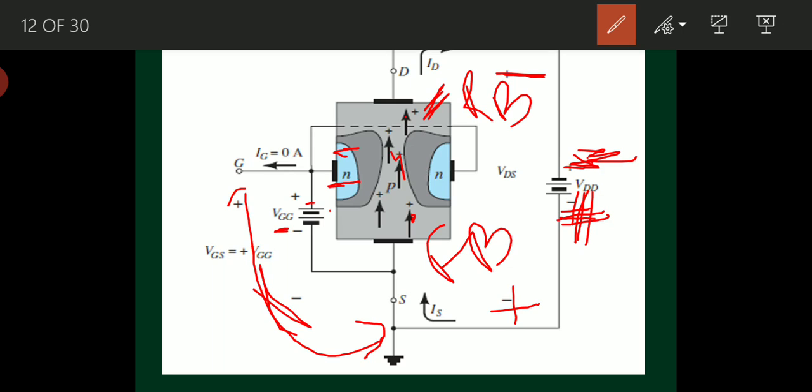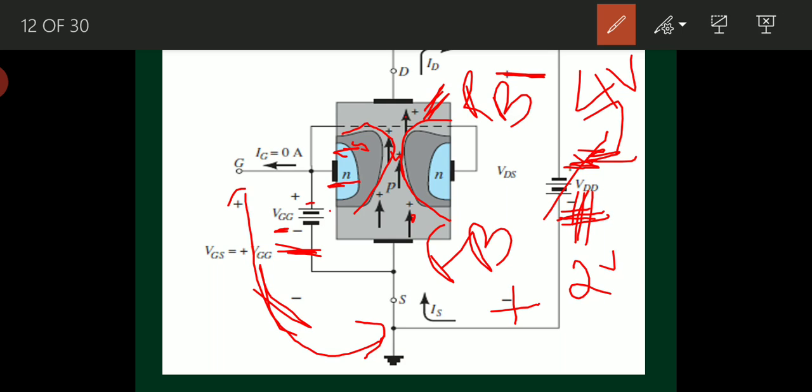Let us suppose previously at VDS equal to some 4 volts, we are getting pinch off condition. Why? Because the depletion region width is getting narrower as VDS is increased. Now this voltage source is also reverse biasing this channel, so the channel gets reverse biased very fast.